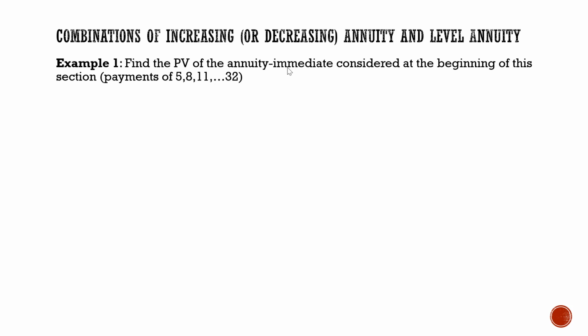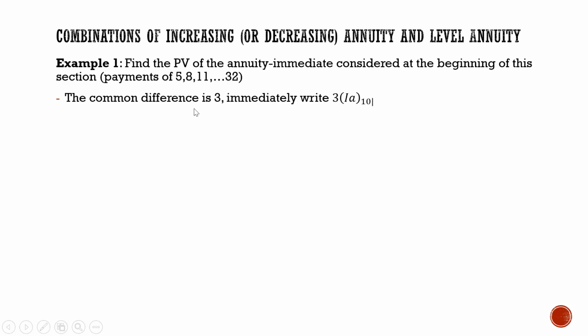Now we consider an annuity immediate, as at the beginning of this section, with payments 5, 8, 11, and so on. By the P-Q methods, we can find this one by using P is 5 and Q is 3. But another quick way to look at this is to first look at the common difference. The common difference here is 3, so we immediately write out 3 I-A-10.